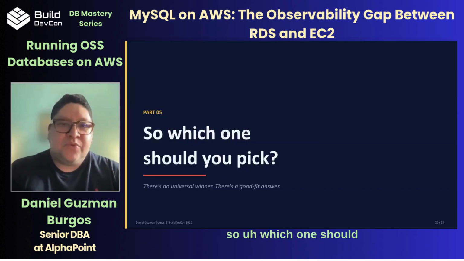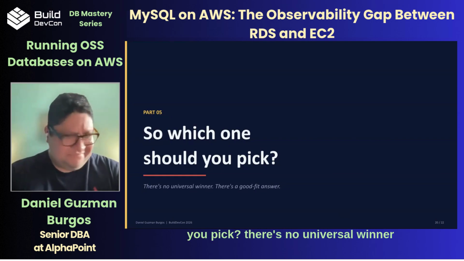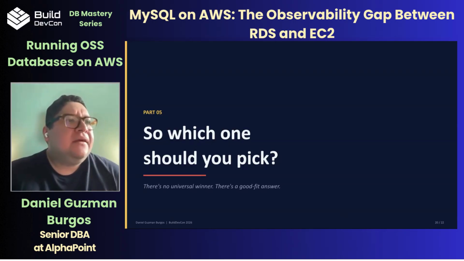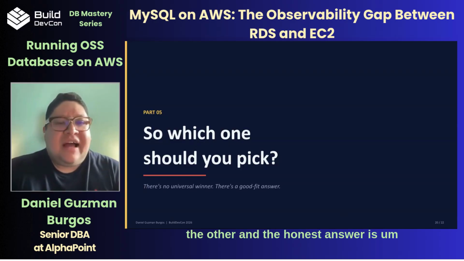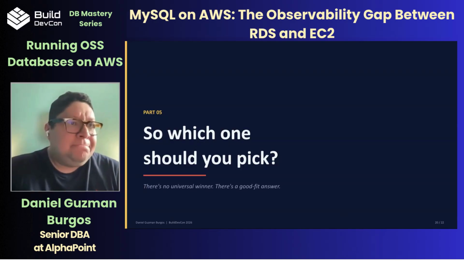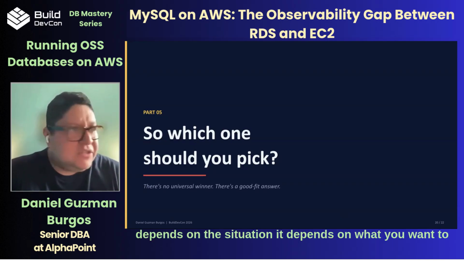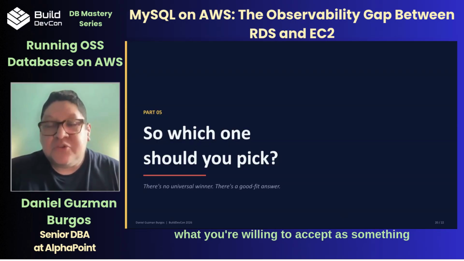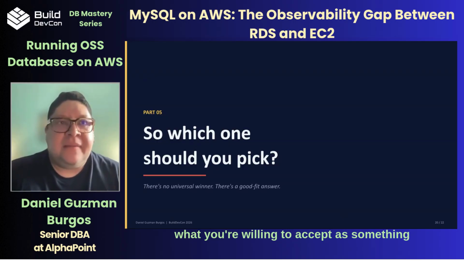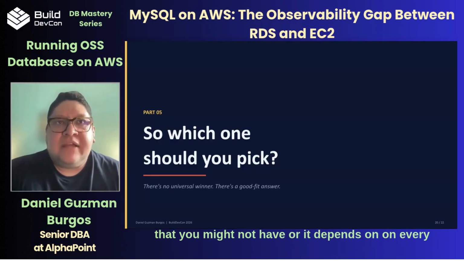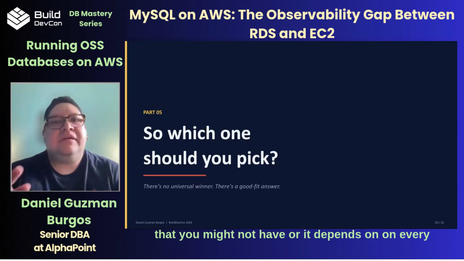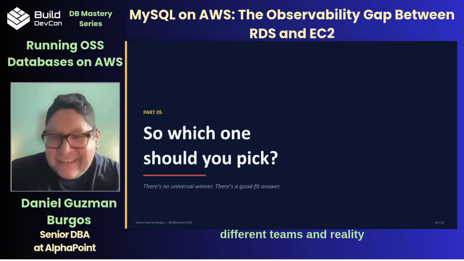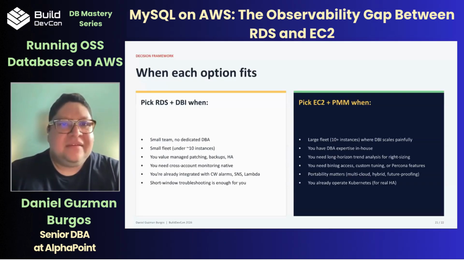So which one should you pick? There's no universal winner. The honest answer is it depends on the situation, on what you're willing to accept as something that you might not have, or it depends on every different team and reality.